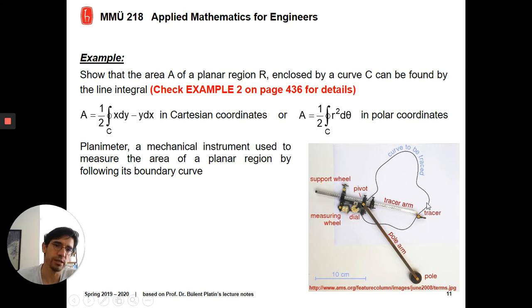So this is a random trace that I make, and I'm not going to explain how this works. There are some counters here, and you can read those counting numbers and put them into a formula actually. As you trace your curve, the area in which you're interested, the numbers over here will give you something meaningful.